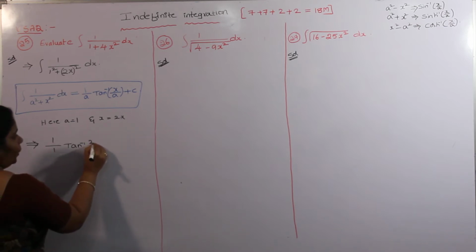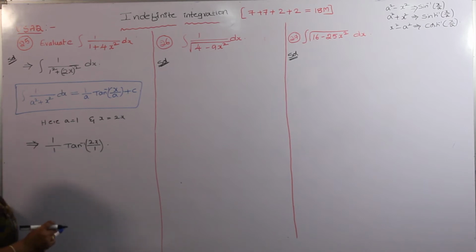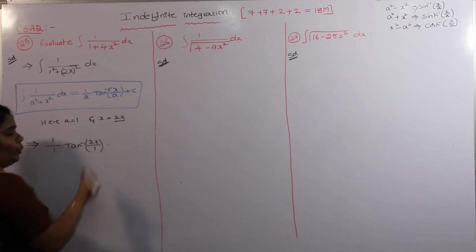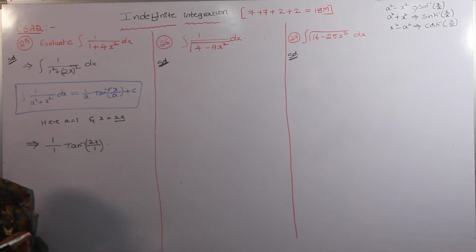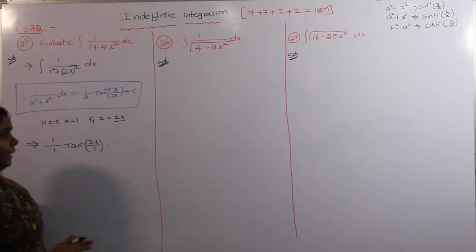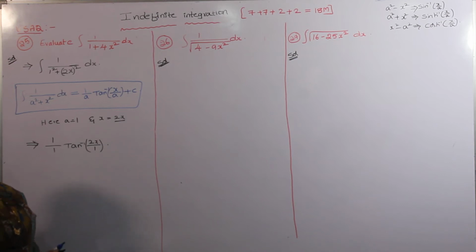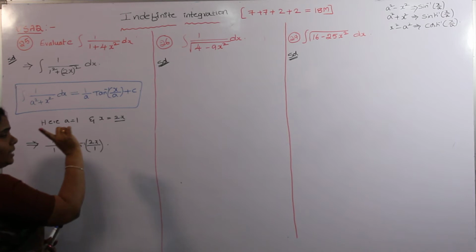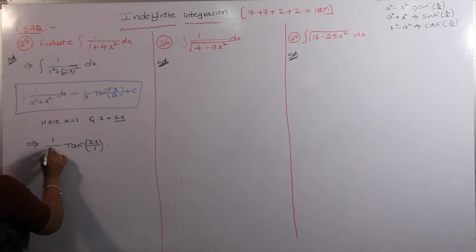But listen here carefully. In place of x here we have 2x. Suppose we have x, take it as is directly. But in place of x here we have 2x. So we take the inner differentiation of x. Differentiation of 2x is 2, into differentiation of x is 1 only. So I am writing 2.